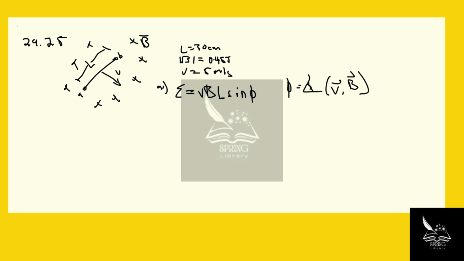Now we can just calculate this. Since V is in the plane of the screen and the B field is into the page, phi for our case is 90 degrees. So we have 5 meters per second for the speed times 0.3 meters for the length, since 30 centimeters is 0.3 meters, and then times 0.45 Tesla.